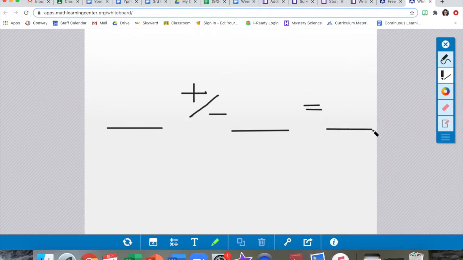So here's our beginning. In the middle, you're either putting things together and getting more or taking things away, but the middle is where the change happens and you have some other number. And then at the end, there's whatever happened at the end, whatever's left. Okay, so we're going to use this outline to solve a story problem.